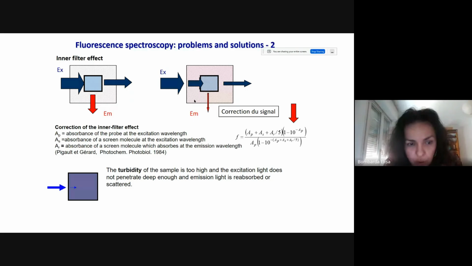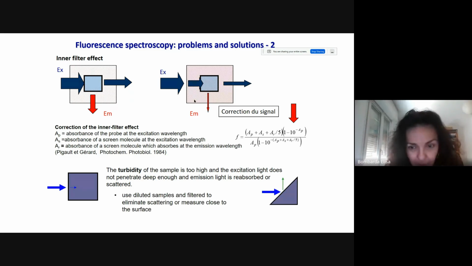So, for example, this is the geometry that is used there, and in this case, the excitation light does not penetrate deep enough, and so the emission light may also be reabsorbed. So practically, I don't see anything. But with this geometry, for example, the cuvette like this, you practically eliminate the filtering.